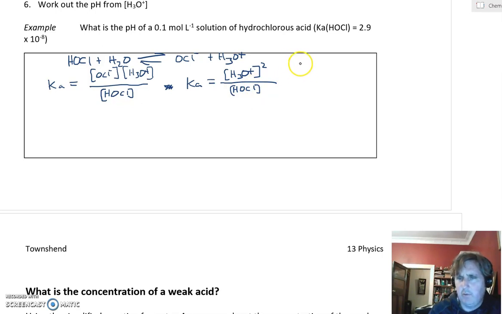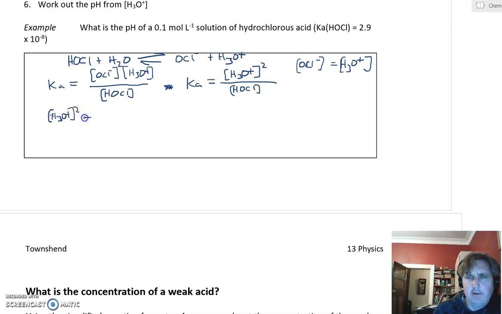All right, I'll just put here the assumption. Remember, the assumption here was that OCl- concentration equals H3O+ concentration. Okay, and then look, I rearrange this. So I'm going to put H3O+ squared equals, so this is on the bottom on this side, I move it to the other side, so it becomes on the top, and I multiply it times the Ka times HOCl.